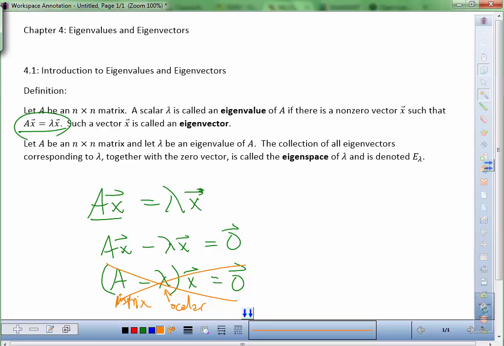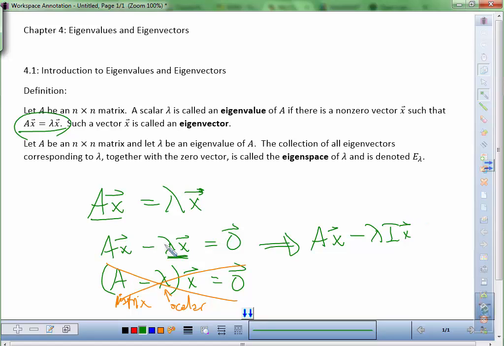So what is our alternative? I can deal with a matrix, right? So what we can do is introduce an identity matrix.